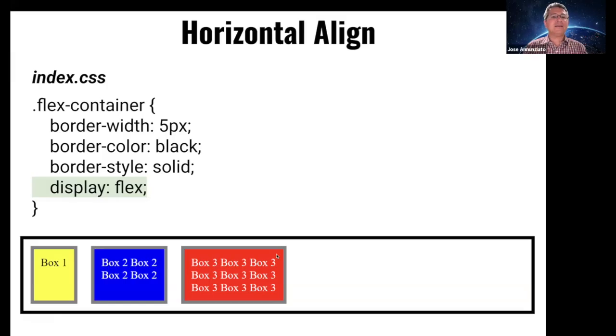And the next thing is that unlike block elements that add vertical spacing, these don't. Instead, these just flow from left to right, where one ends, the other begins. Before, the divs pushed each other down vertically, these push each other horizontally. So display flex changes this from a column into a row.